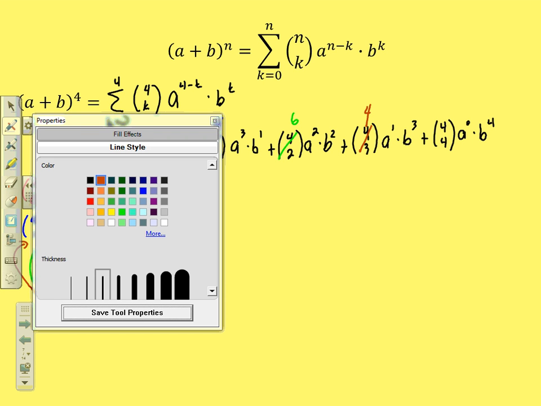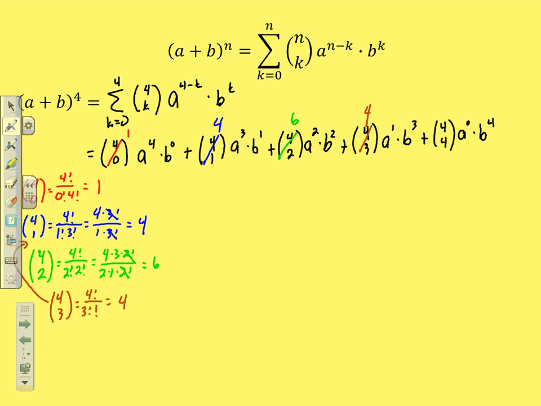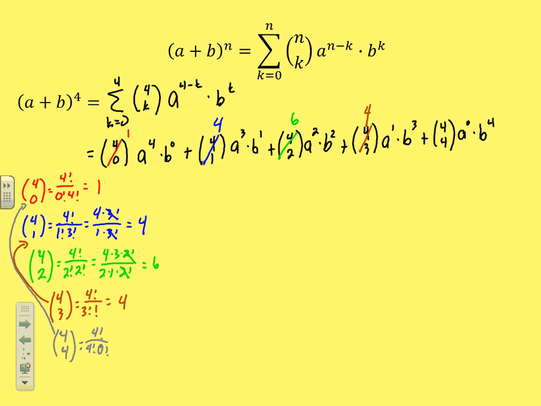Let me pick a color that I haven't used yet. Let's try gray. So here we have the 4 choose 4 combination. That gives me 4 factorial over 4 factorial times 0 factorial, which again, we've seen already, so we know that should equal a 1, and we'll scratch that combination out and put a 1.